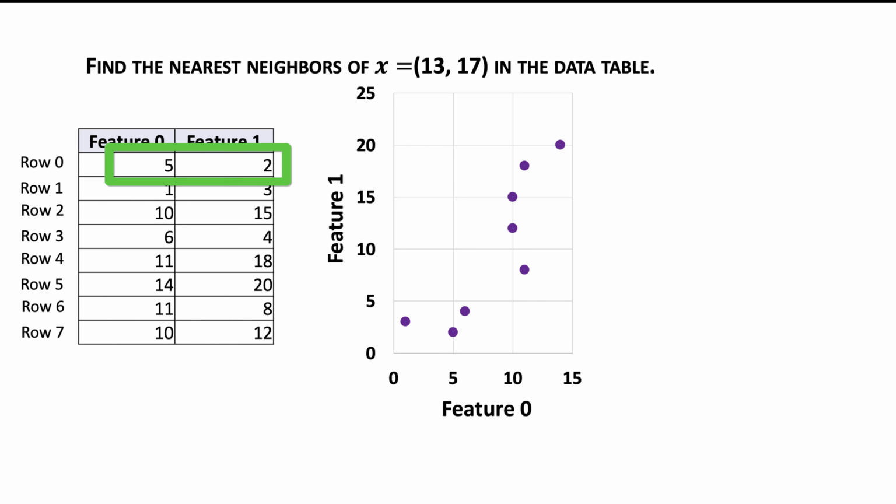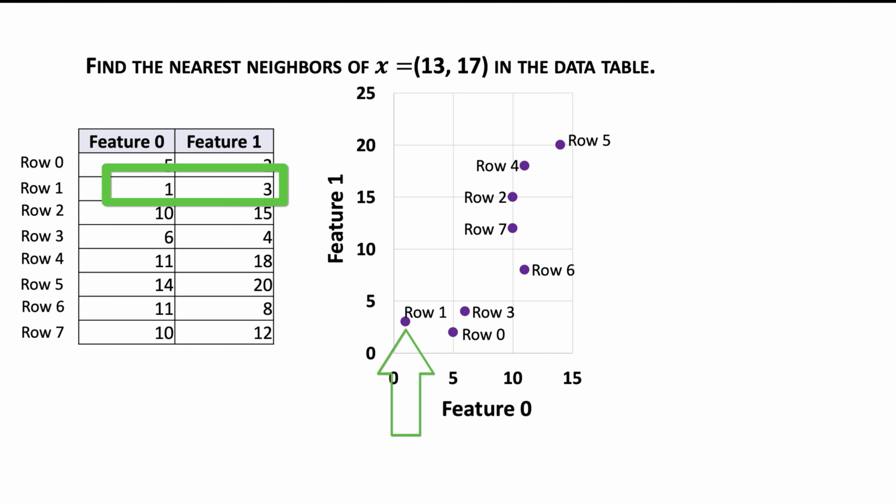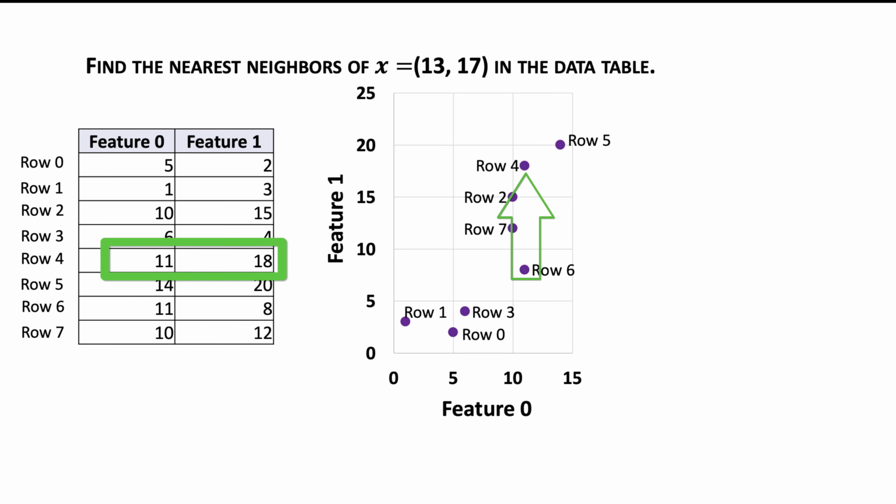Notice that row 0 contains 5, 2. Here is row 0 in the plot. Row 1 contains 1, 3, and here is the point. Row 7, that is the last row, contains 10, 12. Here is the point. Each row is a point here in the space.